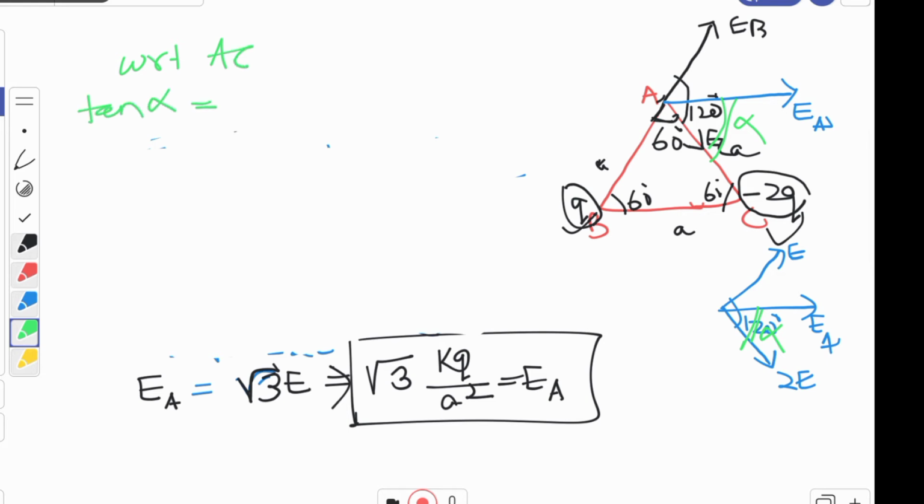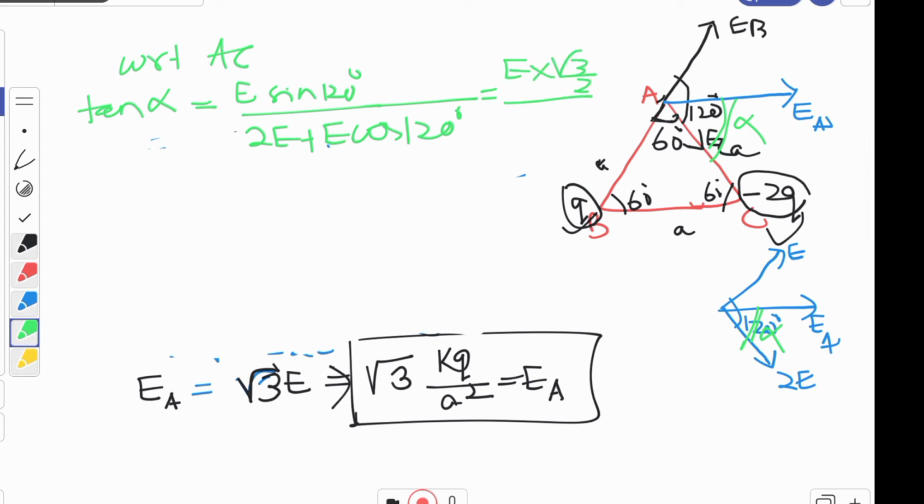So tan alpha is equal to E sin 120 divided by 2E plus E cos 120. So this is how much? This will be E into sin 120, which is root 3 by 2, over 2E plus E cos 120, which is minus half.